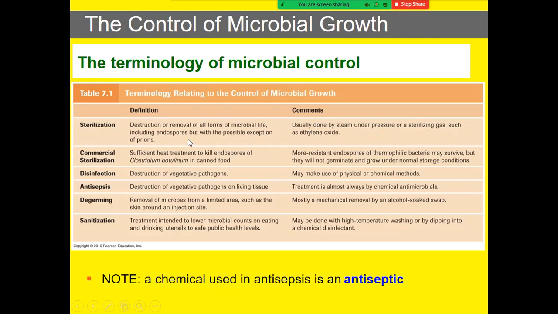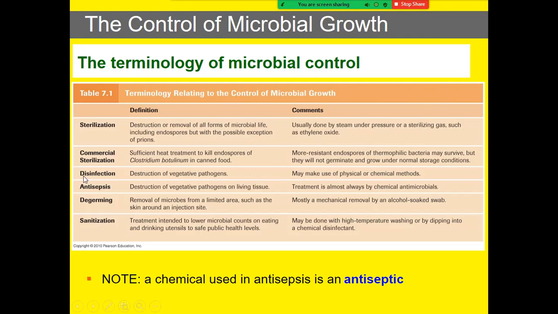It does kill endospores. We'll talk a little bit more about that. Commercial sterilization is applying sufficient heat to kill endospores and Clostridium botulinum in canned food. So this is more used for the industry to make canned goods.